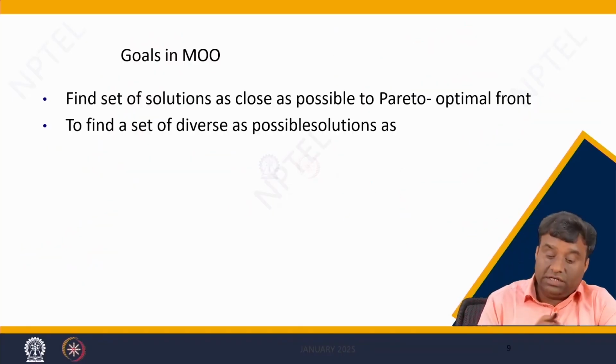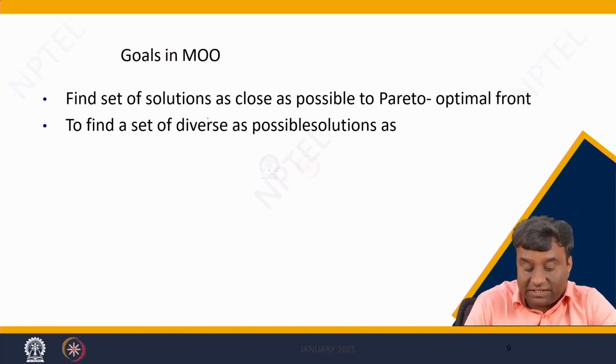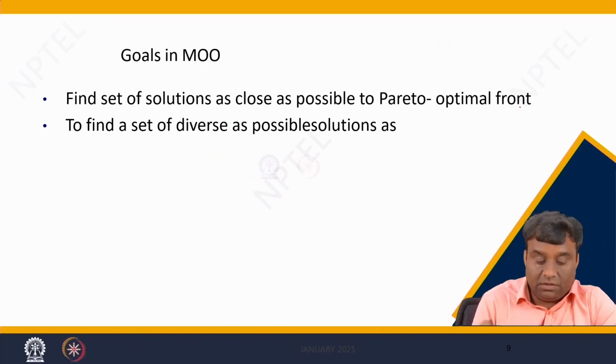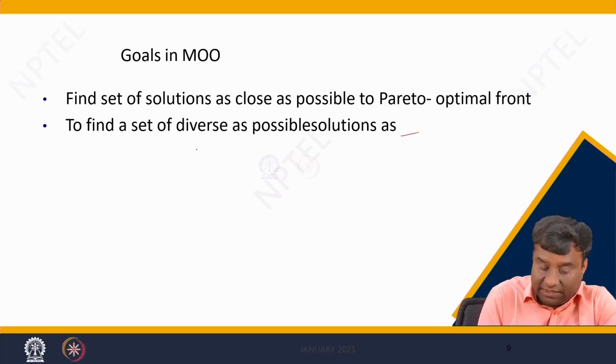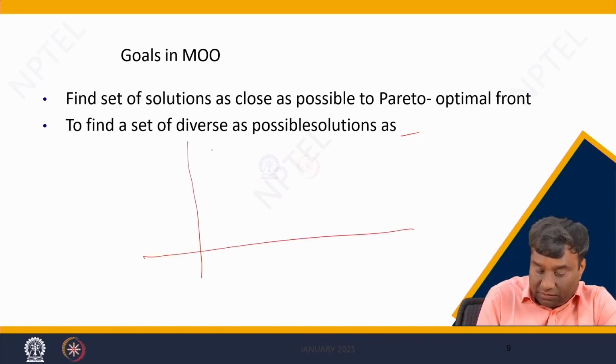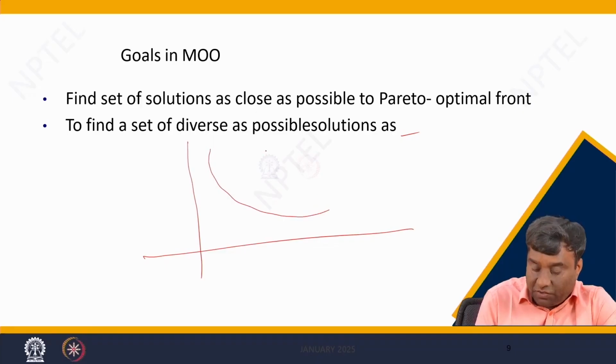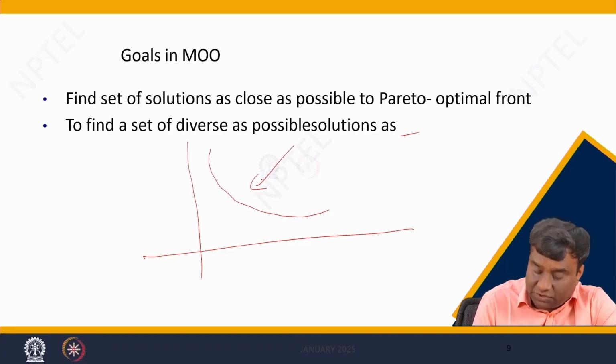Second is the goals in multi-objective optimization. First, find a set of solutions as close as possible to the Pareto optimal front. And second, find a set of solutions that is as diverse as possible. So this is the Pareto optimal front, and our solutions should be closer to the Pareto optimal front. So more close and more diverse.